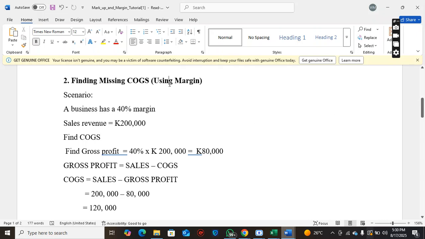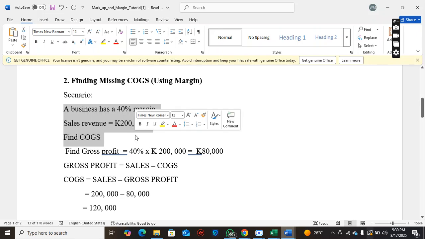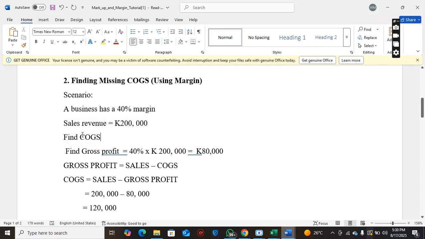Yes, we're using the margin. No, because according to the information given to you, since there's no cost of goods sold, if you bring the markup in, you won't be able to tabulate anything.